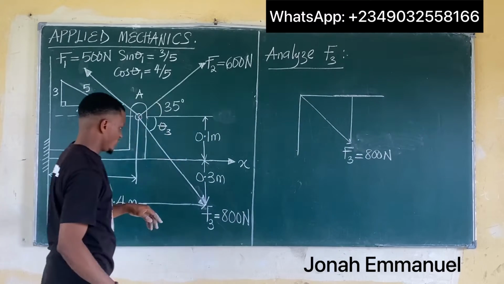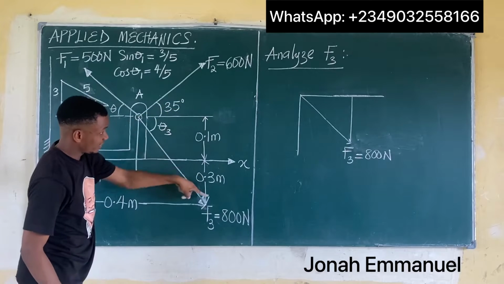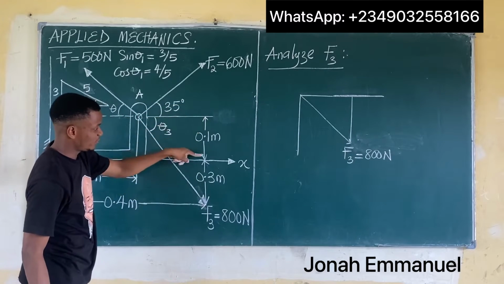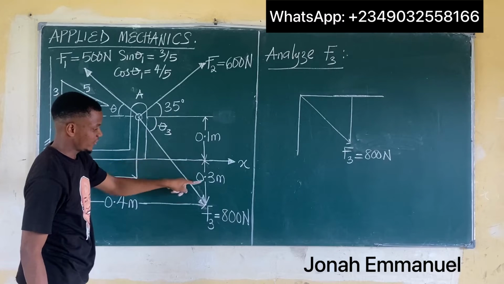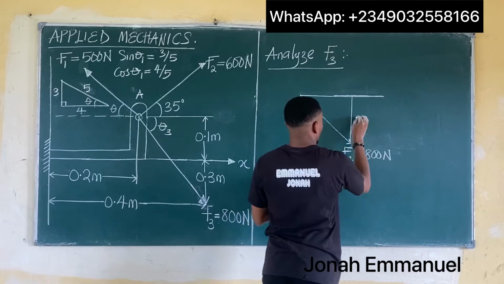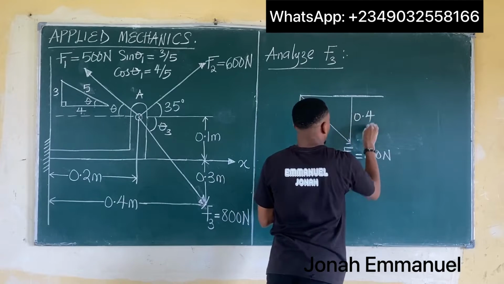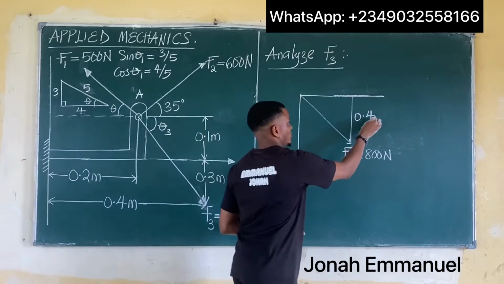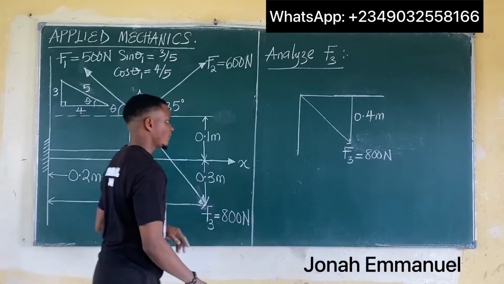Now observe, from this line to F3 is 0.1 plus 0.3, that gives you 0.4. So from here to here is 0.4 in meters.